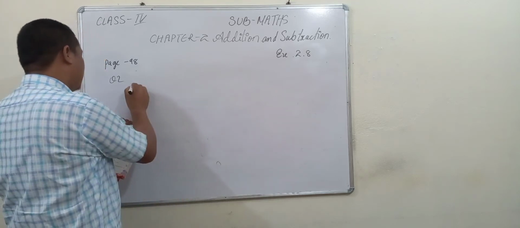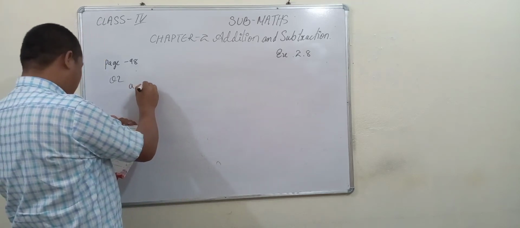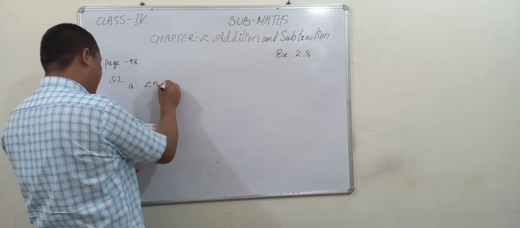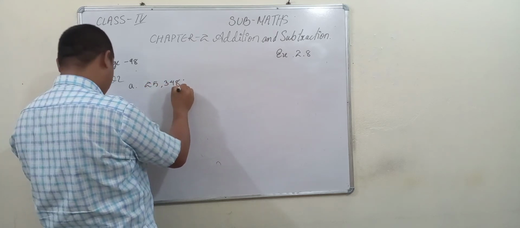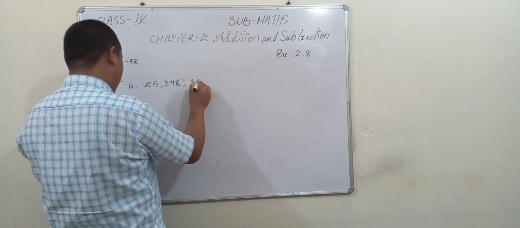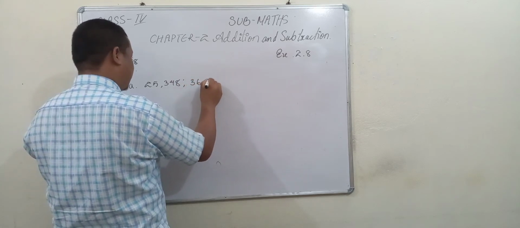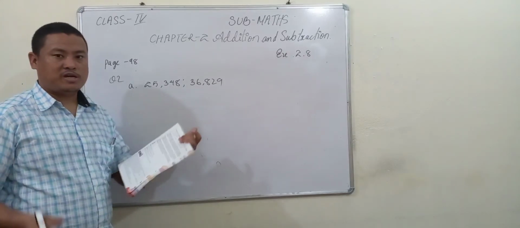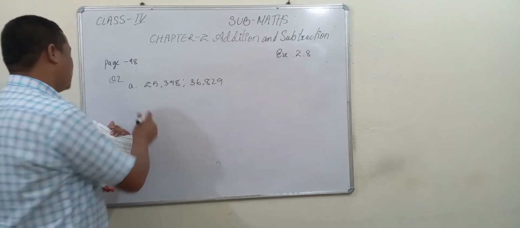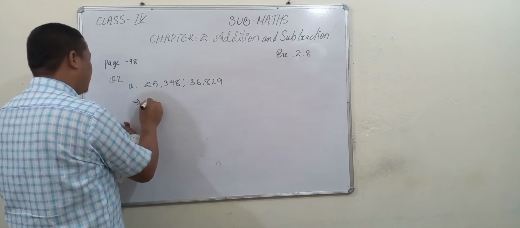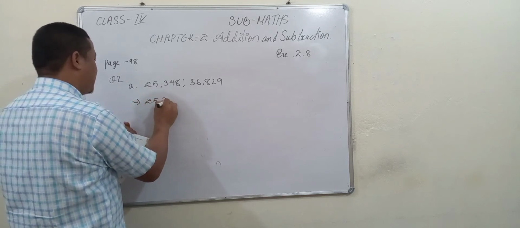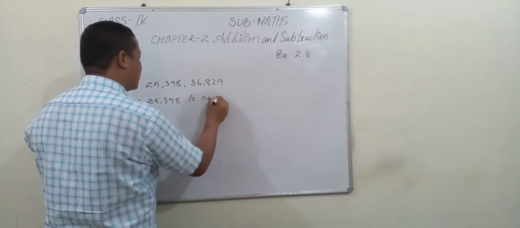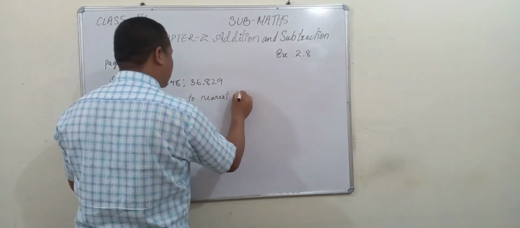So question number 2a, 25,348 and 36,829. Let us convert these two numbers first to the nearest thousand. 25,348 to the nearest thousand.